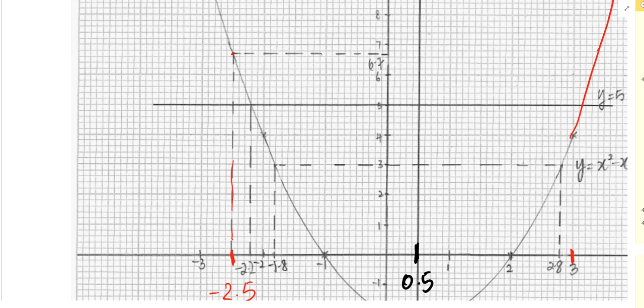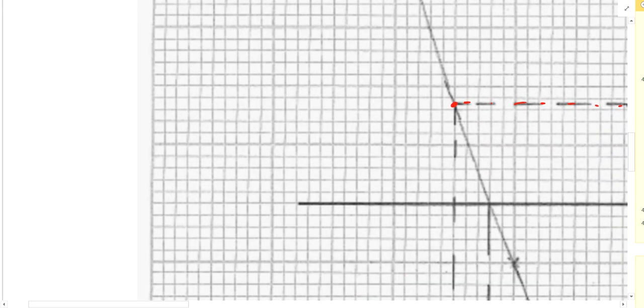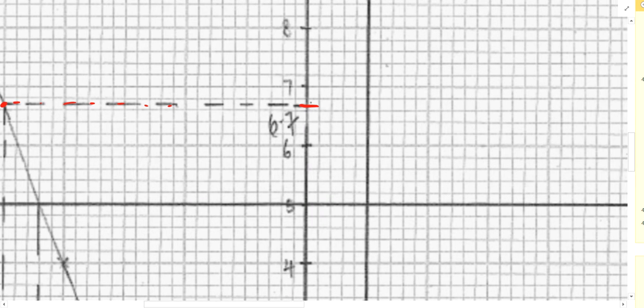So according to this graph that was drawn, we draw a dotted line across again, and we intersect the y-axis. Then we write down the value. In this example I have, this dotted line cuts at this point.